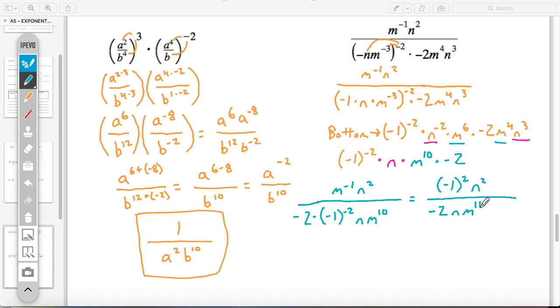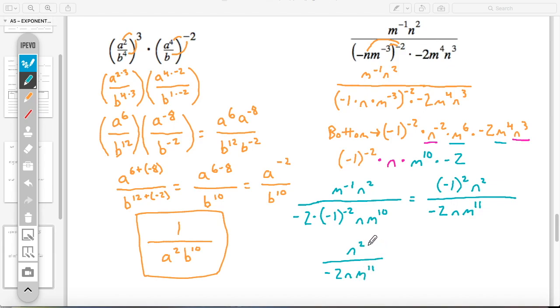So that's m to the 11th. Okay? If you're confused about that, just come talk to me. I can explain that a little more in depth. Okay? So, -1 to the 2nd power, that turns out to just be 1. So I'm left with n squared divided by -2 n m to the 11th.